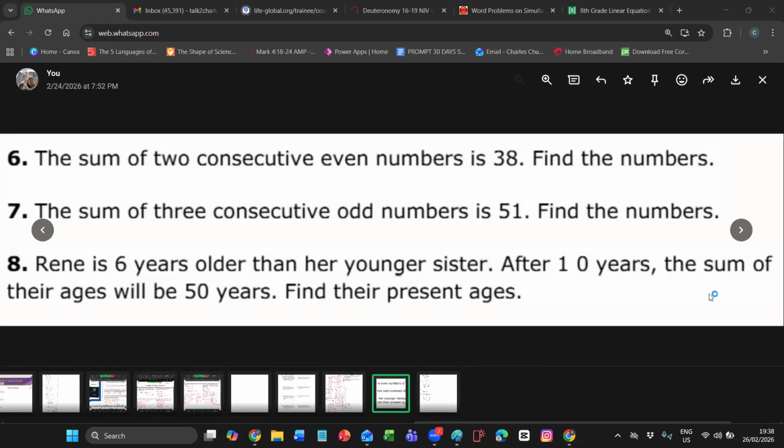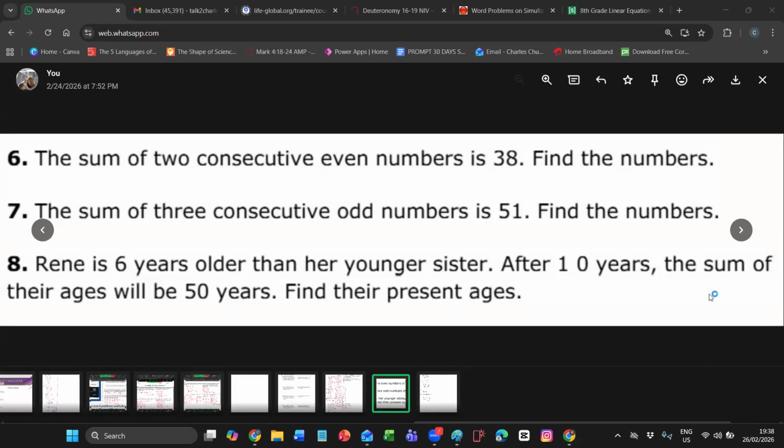So now let's look at the third one. Renee is 6 years older than her younger sister. After 10 years, the sum of their ages will be 50 years. Find their present ages. So how did you do this one? So I did x plus 6, that's Renee, right?